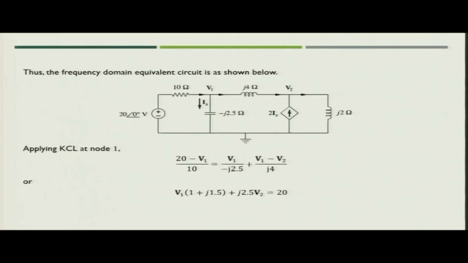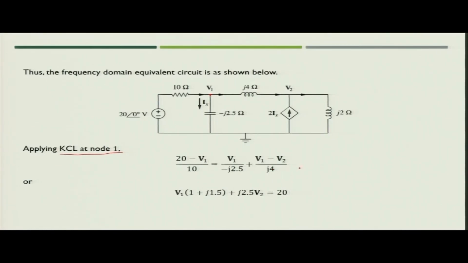Now, we will apply the KCL at node 1. So, if you apply KCL at node 1, what can you write? The current direction is on this side, which is going inside the node, and the other two currents are going outside the node. So, we can write that 20 minus V 1, that is the voltage at node 1, divided by 10, which is the value of current going inside the node, equal to V 1 upon minus j 2.5, that is the value of I x, plus V 1 minus V 2 upon j 4.